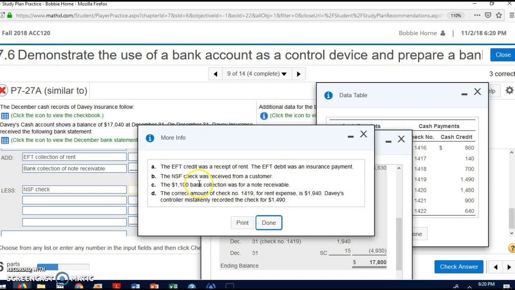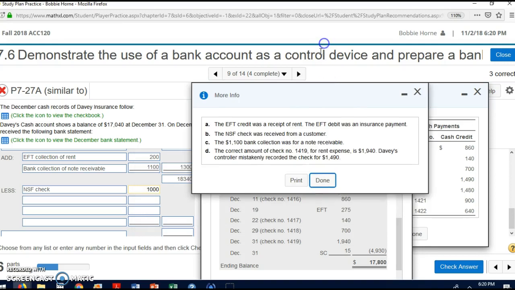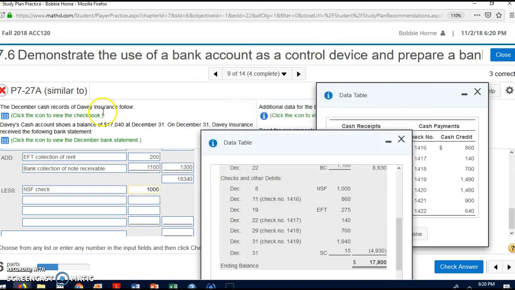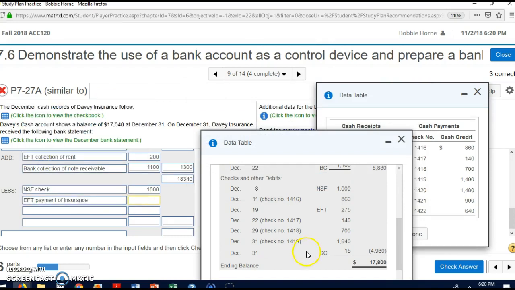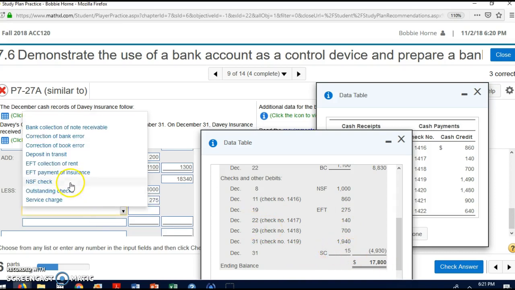The EFT debit was an insurance payment, so we paid insurance. So EFT payment of insurance for $275. We have a bank service charge of $15.